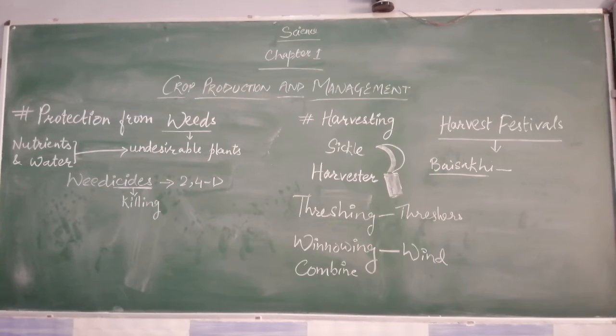Now just imagine if we have a bigger or larger farm, what will happen if we use a sickle to cut all the crops? Obviously it takes a lot of time, and a lot of work and energy is required.